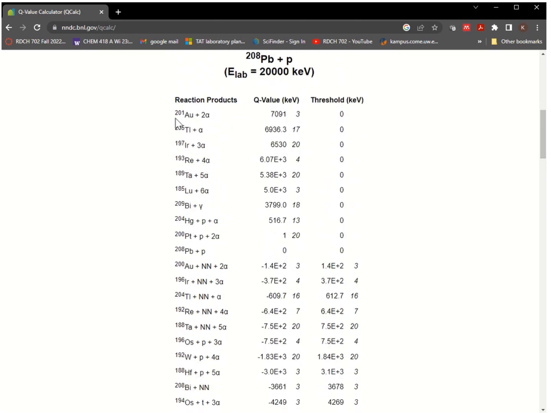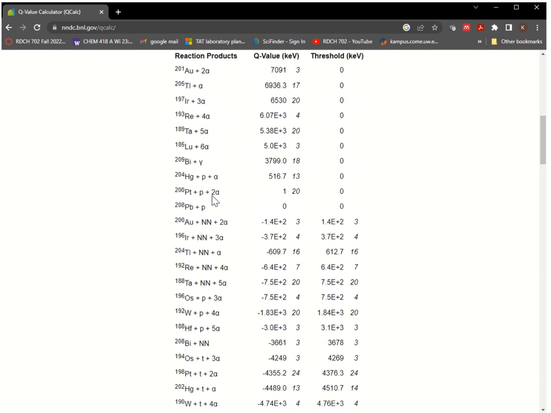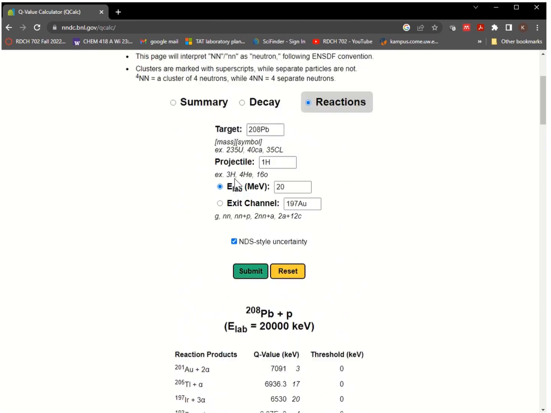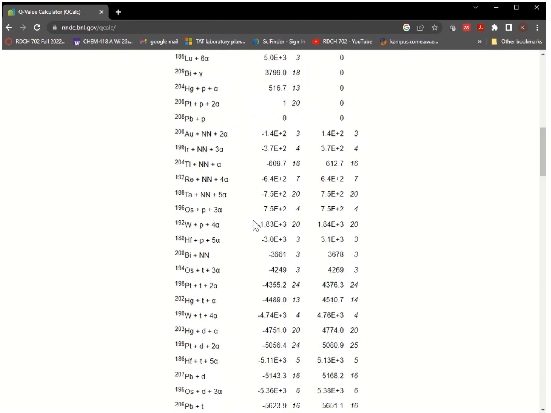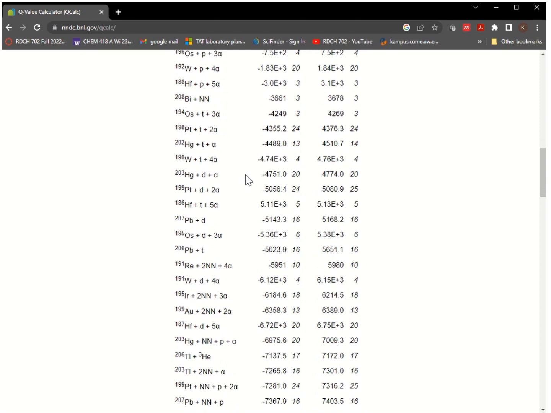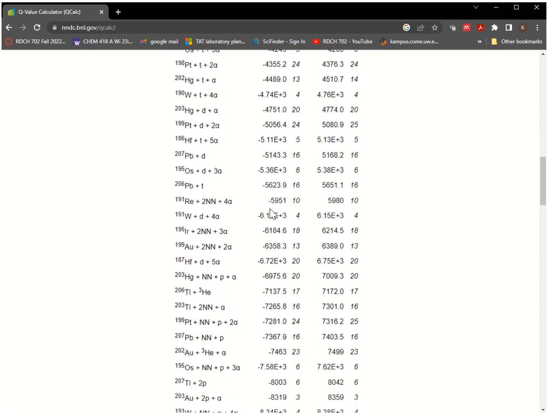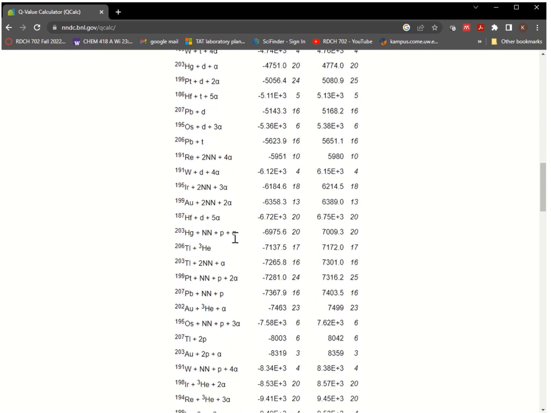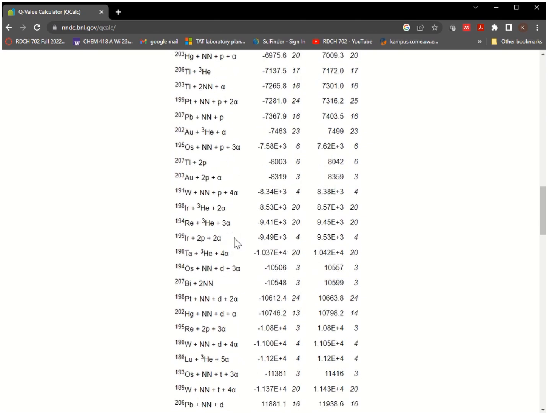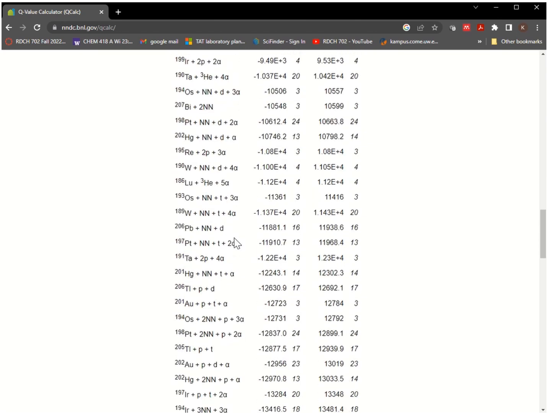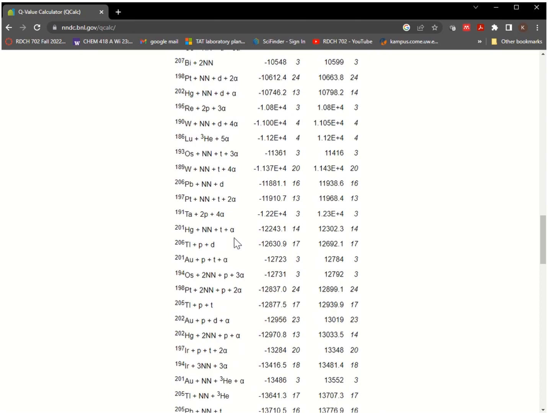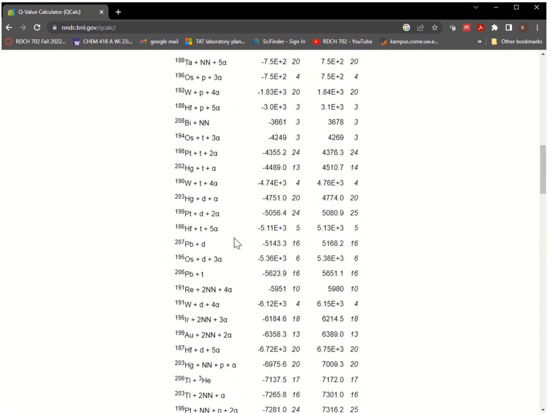There's gold-201 made with two alphas coming out, thallium-205 with an alpha, and here's just bismuth-209 emitting a gamma, so it just absorbs that proton. For a given nuclear reaction, there are lots of different probabilities and reaction mechanisms. The probability for each reaction is described by a cross-section, and we'll describe that later in the course.